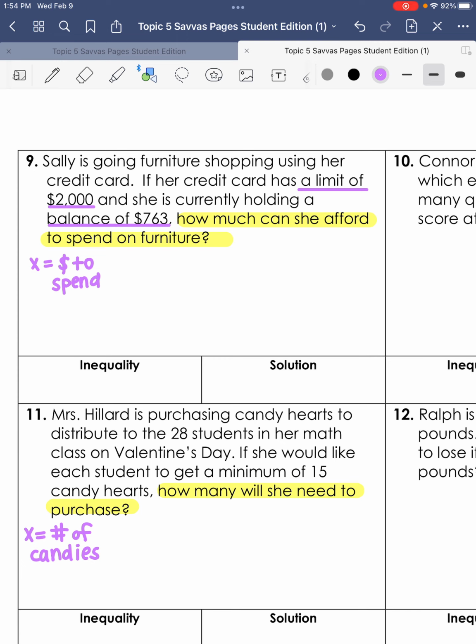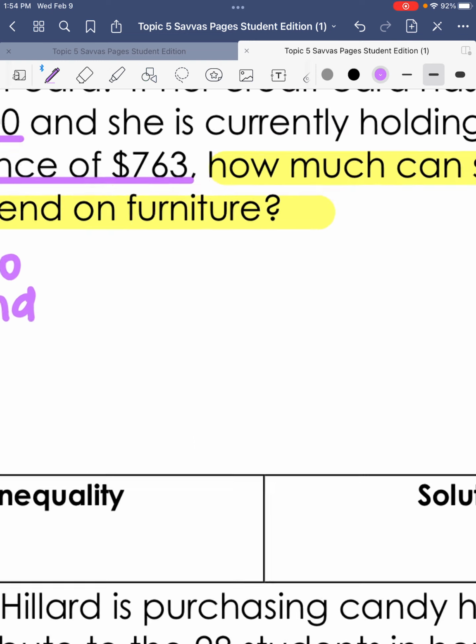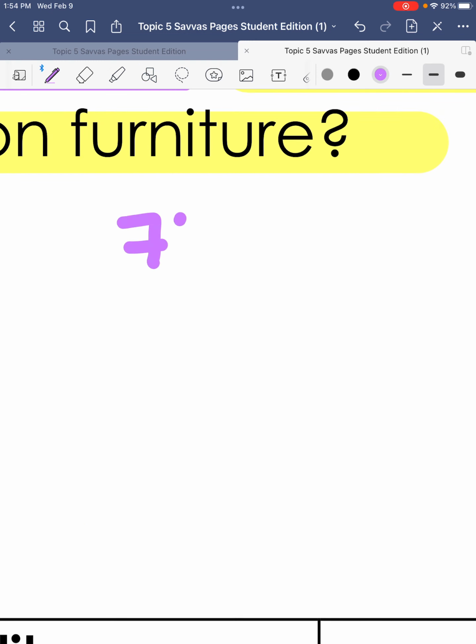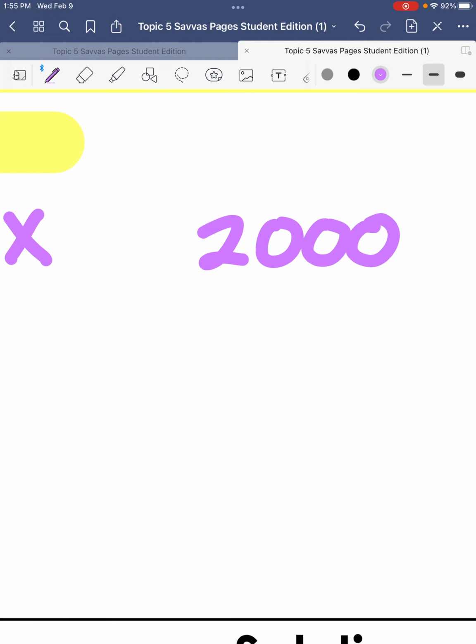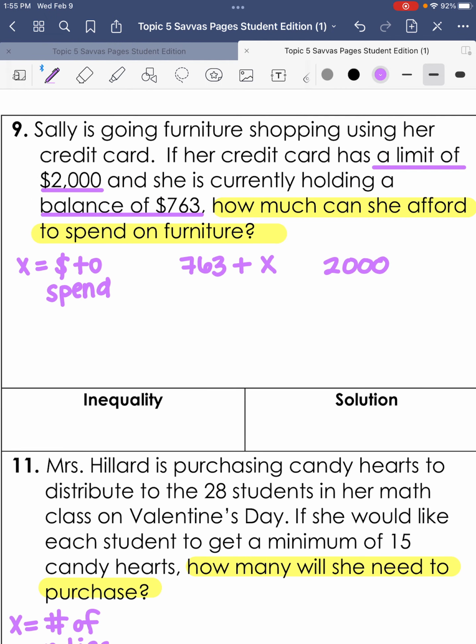So she currently has 763 on her credit card. She can spend X amount of money. So we're adding that together because combined together, that has to be something compared to the $2,000 limit that she has. And it's important to note that it's a limit because can she go over that $2,000?